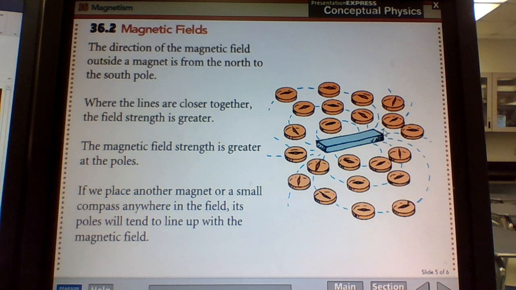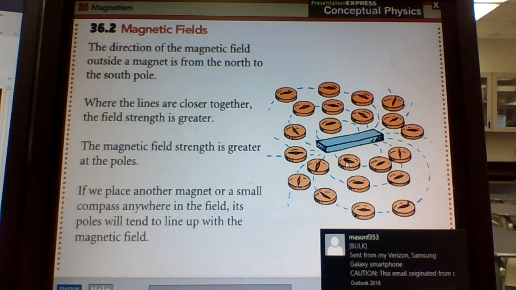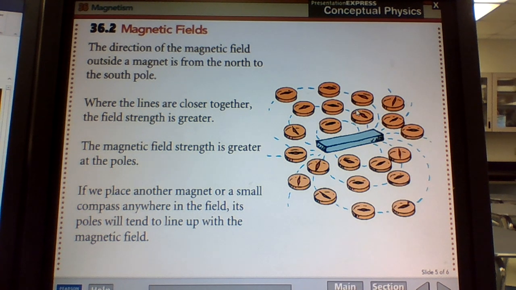And so if we also look at a bunch of compasses that are arranged around a magnet, one thing that we can see is that they will arrange themselves in a pattern that is akin to the general shape of the lines that would leave the north and head towards the South Pole.